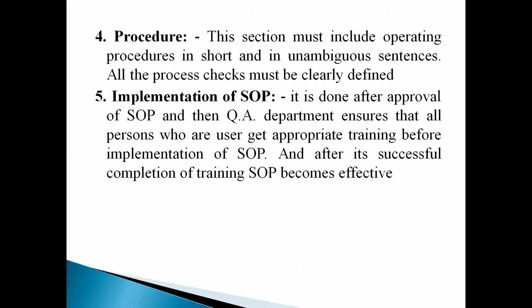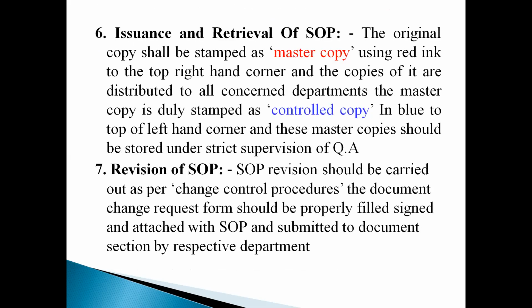Then the implementation of the SOP is done after approval of the SOP, and the QA department ensures that all persons who are users get appropriate training before implementation of the SOP, and after successful completion of training, the SOP becomes effective. The sixth one is the issuance and the retrieval of the SOP.